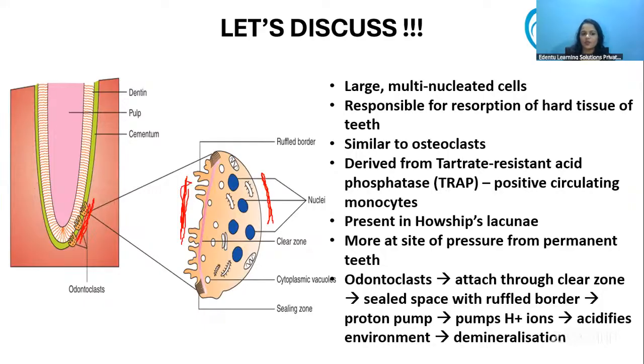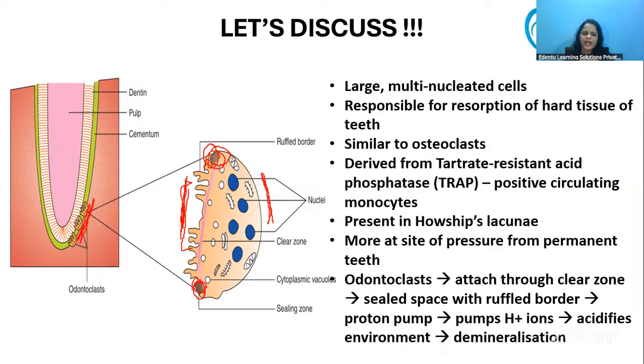This ruffled border is what gets attached to the tooth surface for resorption. Once it gets attached, it will form a sealing zone. At the ends of the odontoclast, you will be able to see these structures. Yes, those are the sealing zones. Once it gets attached, these sealing zones get activated and it will just seal.